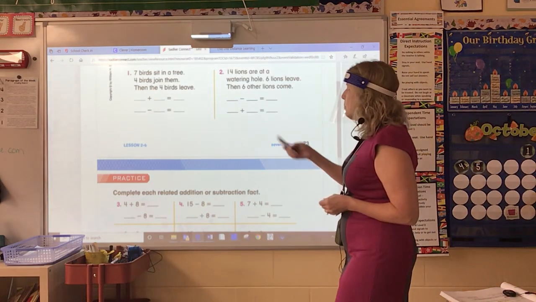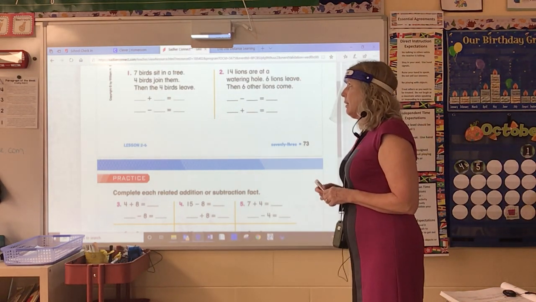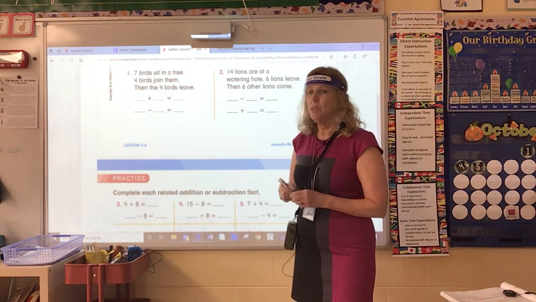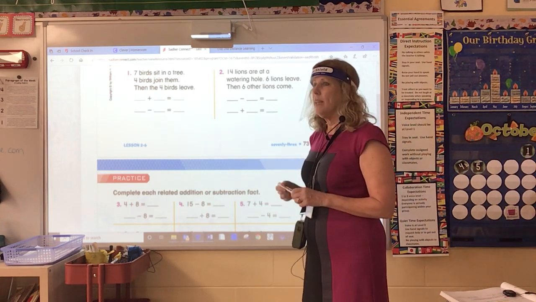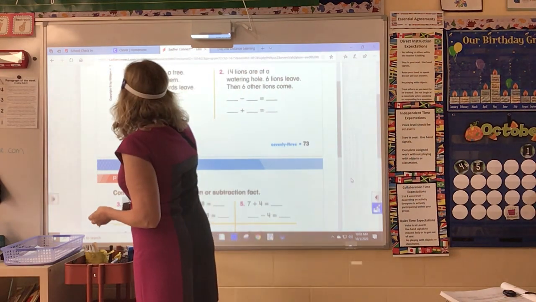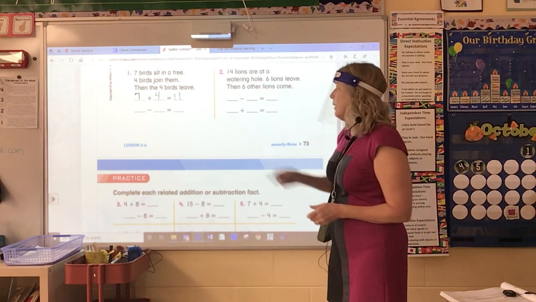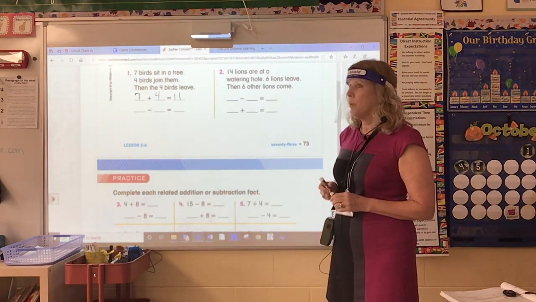So for our first problem, you have 7 birds sit in a tree, 4 birds join them. So what is going to be our equation for this problem? Charlotte? 7 plus 4 equals 11. All right, then we have the second part. Then the 4 birds leave.